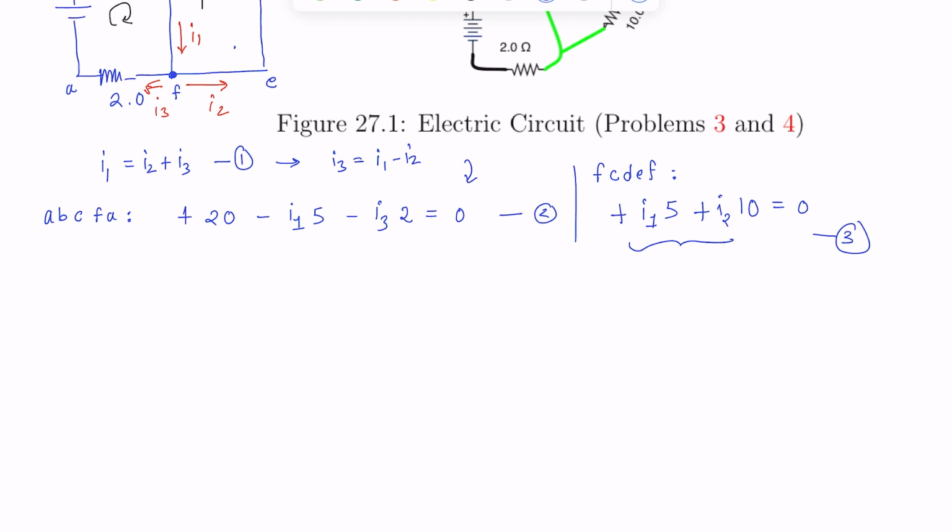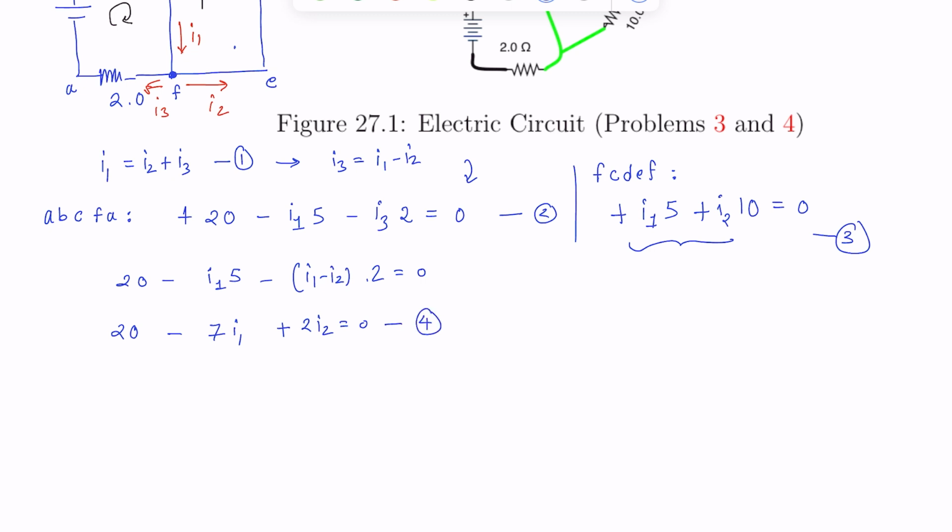So I'm going to end up with 20 minus I1 times 5 minus (I1 minus I2) times 2 equals 0, or 20 minus 5I1 minus 2I1 plus 2I2 equals 0, and this is just 20 minus 7I1 plus 2I2 equals 0. Let's call this equation number 4.